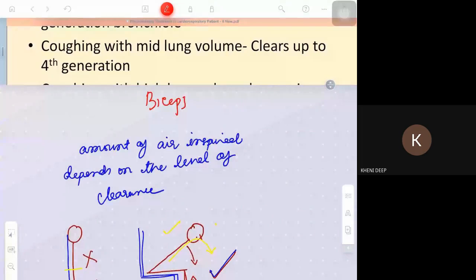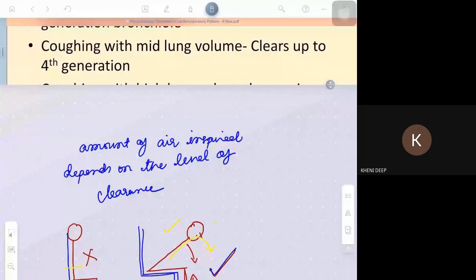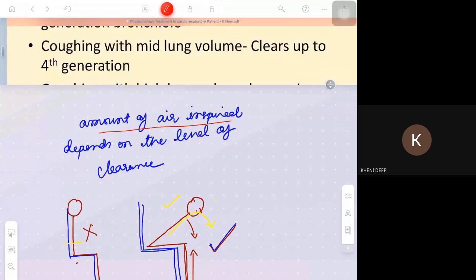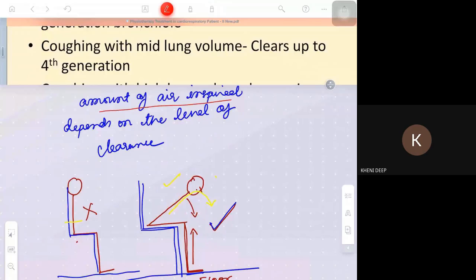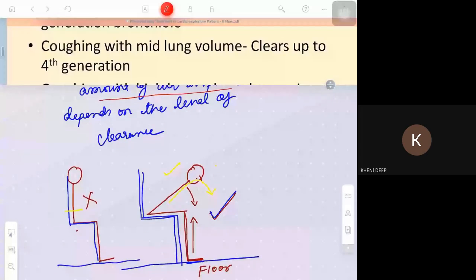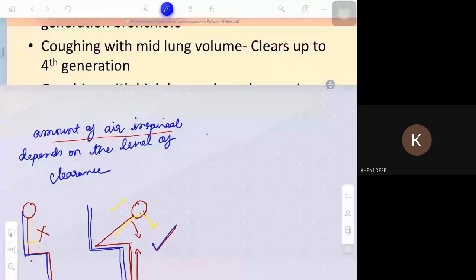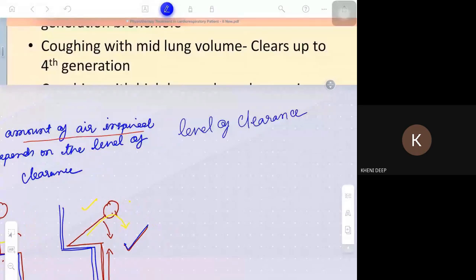Sorry, the sentence is reversed. One second. Level of clearance depends on amount of air inspired.